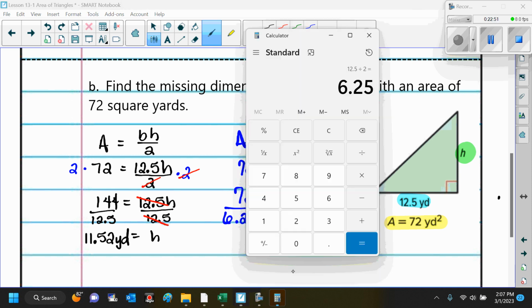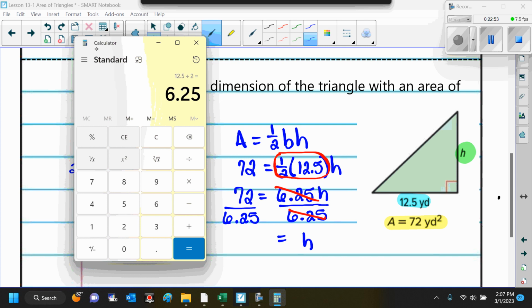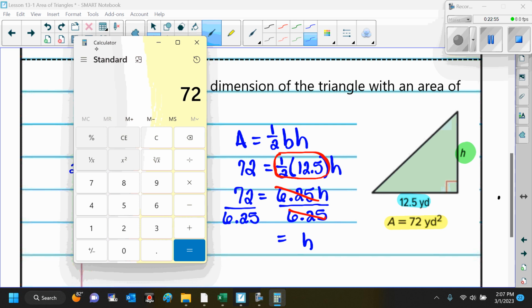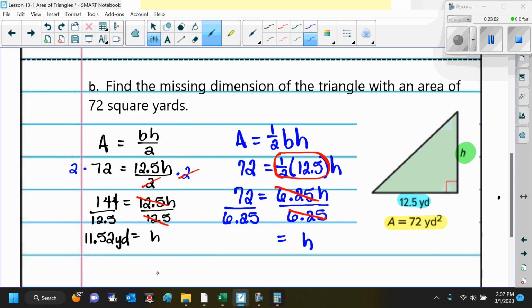And now we just use our calculator, and we're going to divide 72 divided by 6.25, and you'll see we get the same thing, 11.52. So this is going to be 11.52 yards. See? Same thing. Either way is fine.